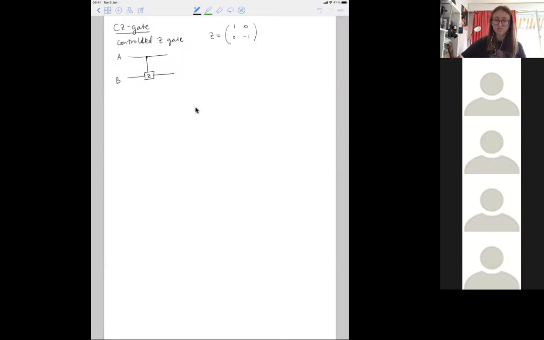Okay, and then analogously, we can just write CZ in terms of brackets, which is, again, if A is in state 0, then we don't do anything on B. If A is in state 1, then we apply the Z on B. And I'll just write it as a tensor product of the matrices, the same as we just did before.